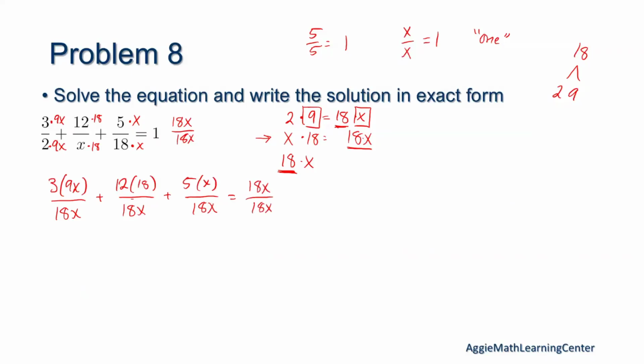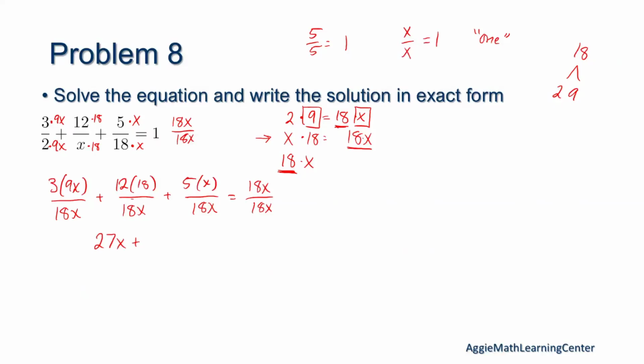Sweet. This is the way to solve it by getting a common denominator, and in the previous problem we solved it by getting rid of the denominators when you start out. So this is just a different strategy. So what's 3 times 9x? 27x. My 9's tables aren't as good as my other tables.